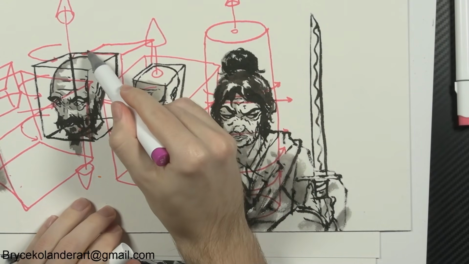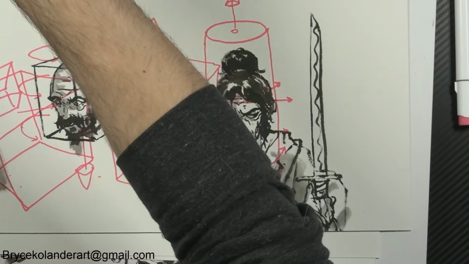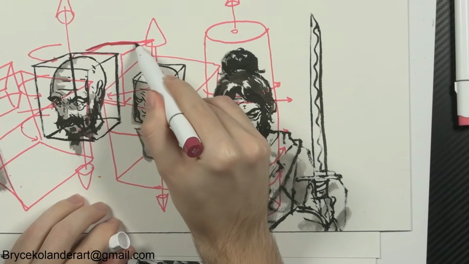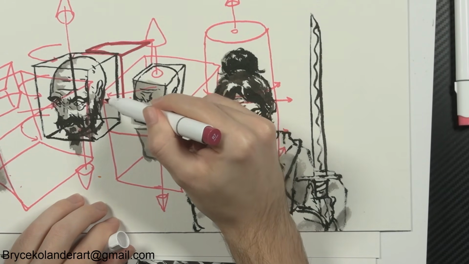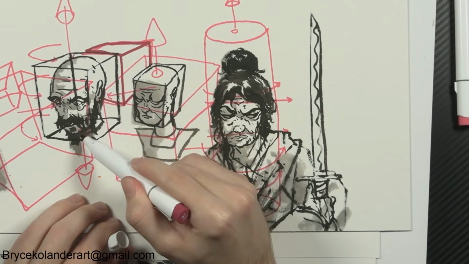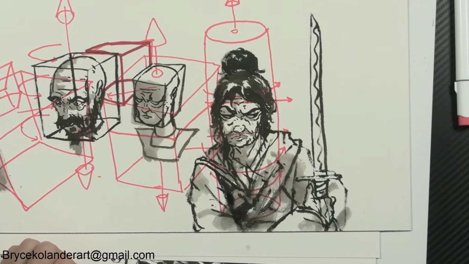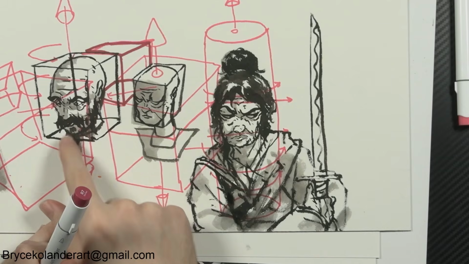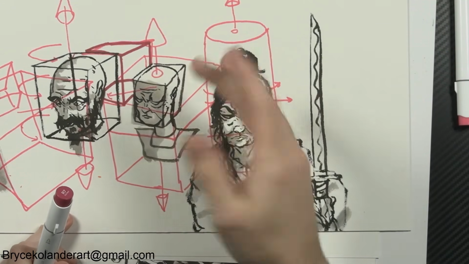Alright, so we want to draw a different box that is going back in space, watching these planes on the floors. This one was a little bit wonky with my lines on the plane of the floor, so I just matched that on the next one.